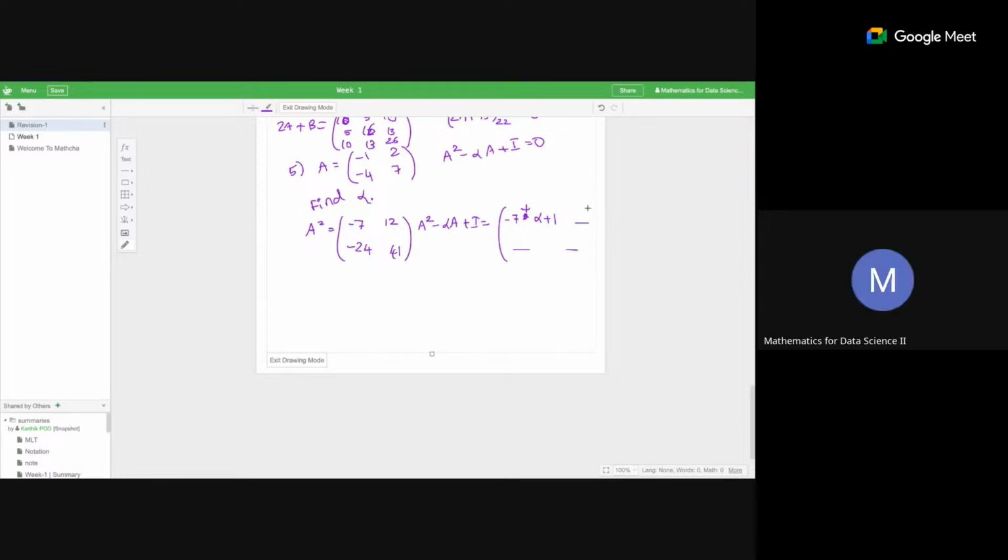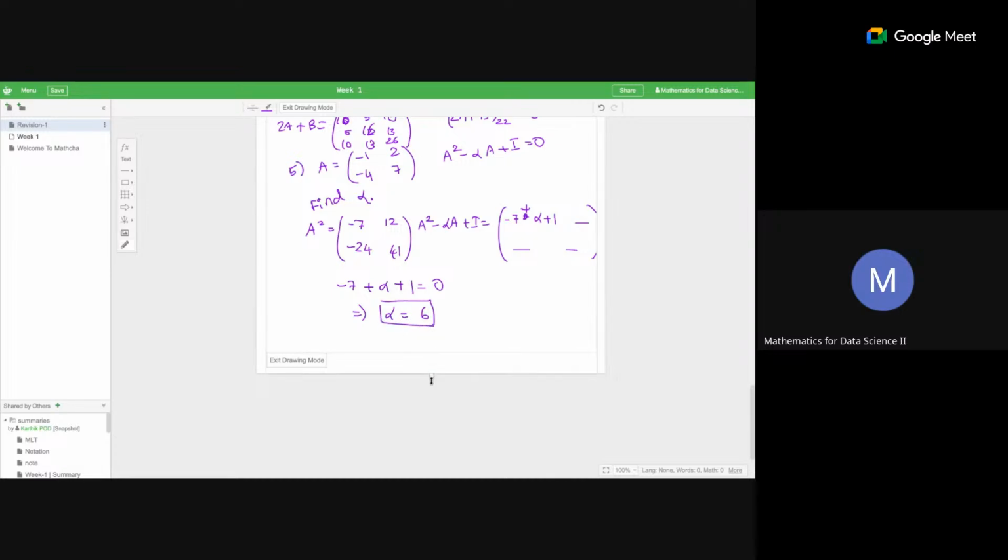The other entries are not required because if this is there, you can easily compute; this is enough. So minus 7 plus alpha plus 1, you know that this is equal to 0. So what should be alpha then? Alpha should be 6.